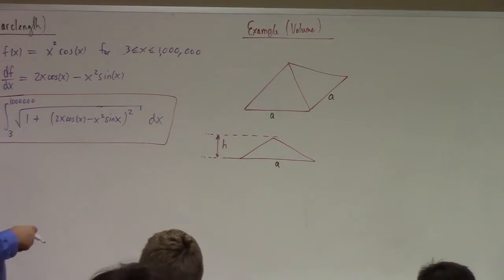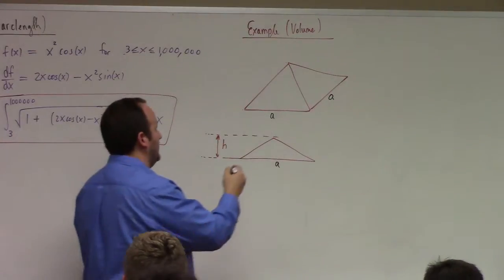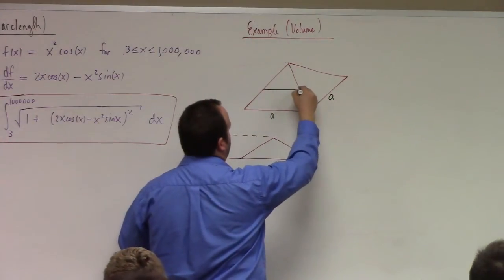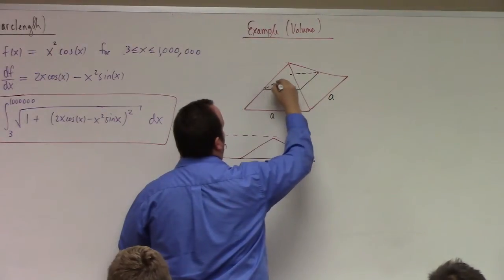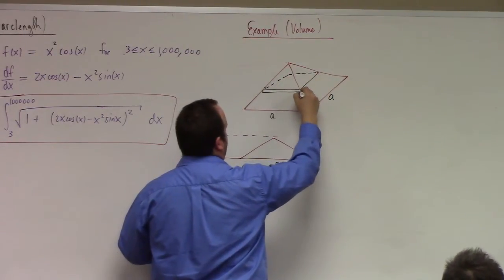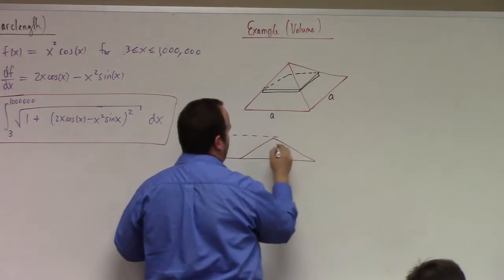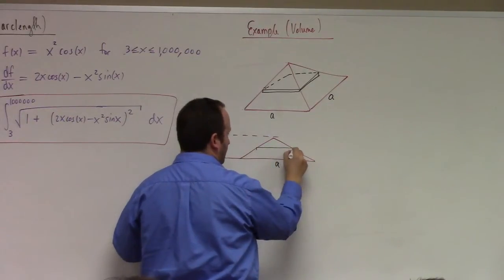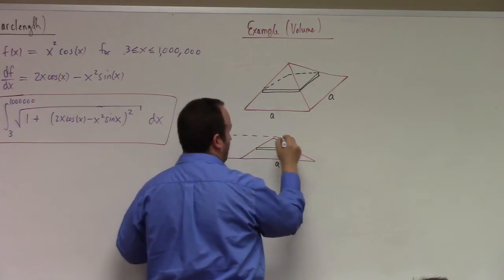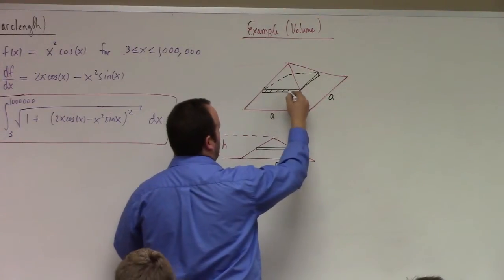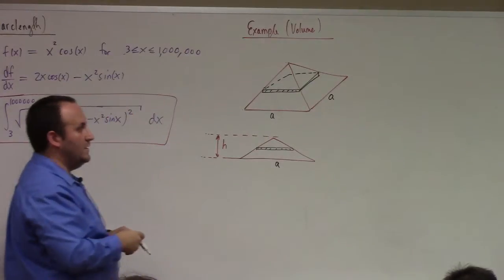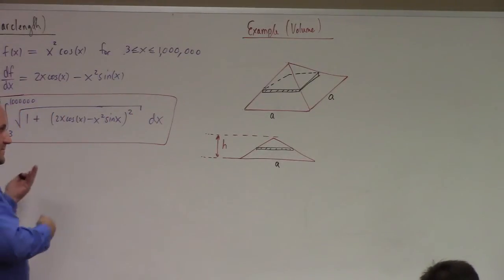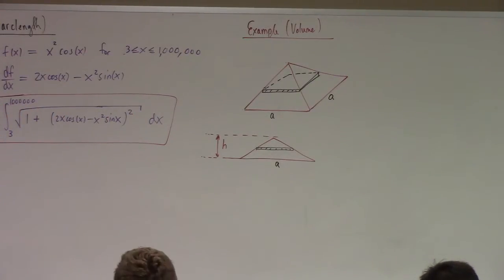So what we do is we slice it. And the slice I will take is a square slice. It's easier for me to draw the slice down here. That's just this right here, okay? And so that typical slice has a particular side length. What do you want to call it?